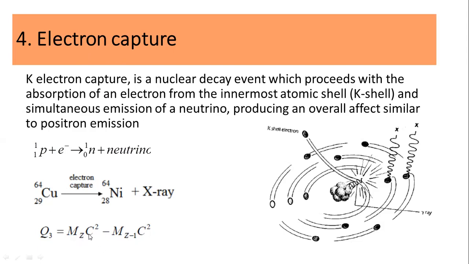You just put the masses of the parent and the daughter here, and then multiply by the factor 931.5, which directly converts into energy in mega electron volts. So you can calculate the energy release in electron capture using this equation. Note that this equation and its way of expression are different from positron emission. The only similarity is the decrease in atomic number in both cases.